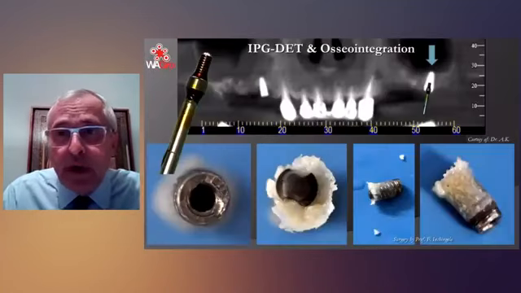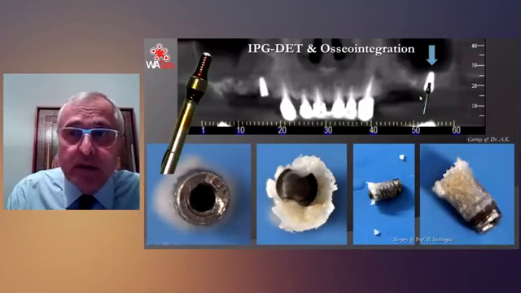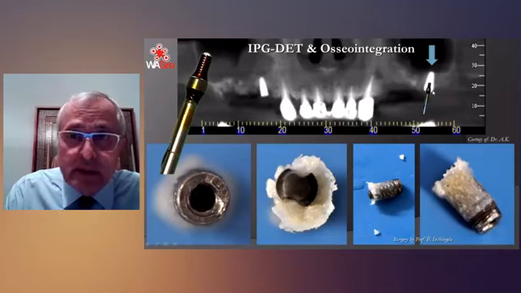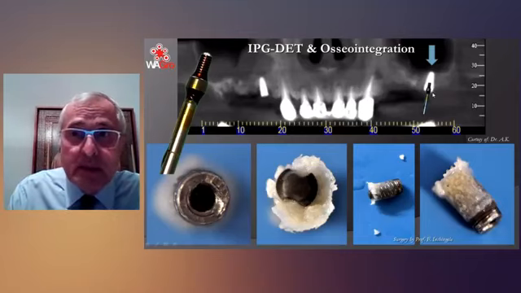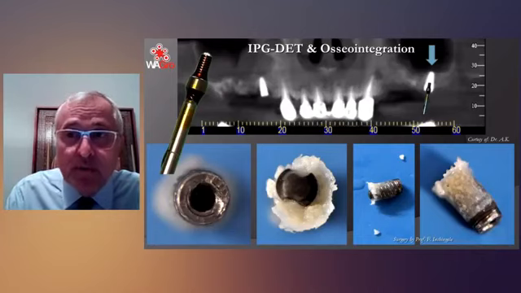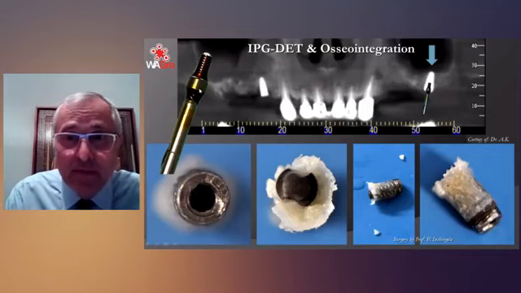I'd like to show you another interesting thing. This is a case of a colleague that placed an implant with the IPG DET technique, and 6 months later, he would like to load this implant, but he couldn't remove the cover screw. Why? Before placing the cover screw, he placed the screw into the betadine solution.